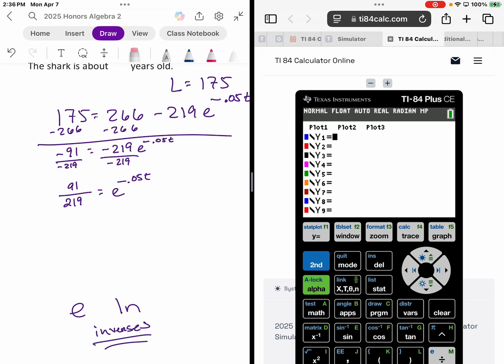So what that means is I want to take the ln, the natural log, of both sides. And the reason why I do that is that way, since e and ln are inverses of each other, the ln and the e cancel.